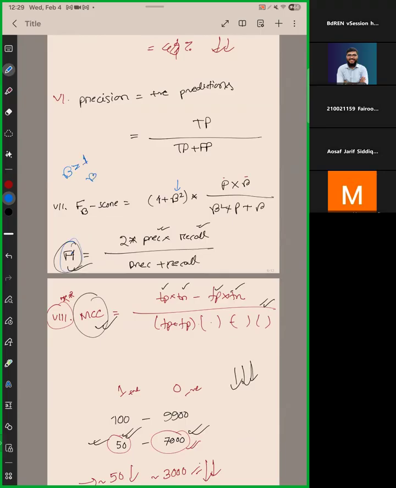If beta equals 2, that is called F2 score. If beta equals 3, that is called F3 score, like this. The higher the beta, the more priority is given towards recall over precision. So we control which one gets more priority. Usually we do not consider beta and normally take the F1 score, which means precision and recall are given equal consideration.